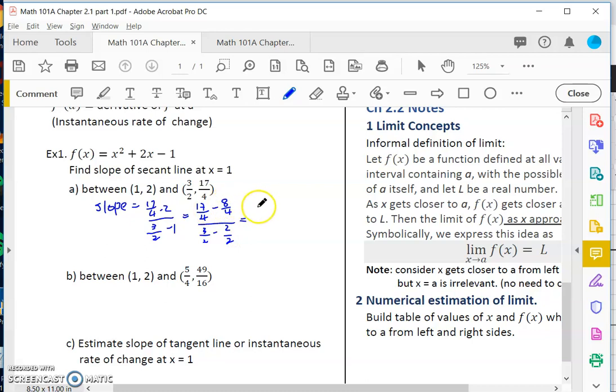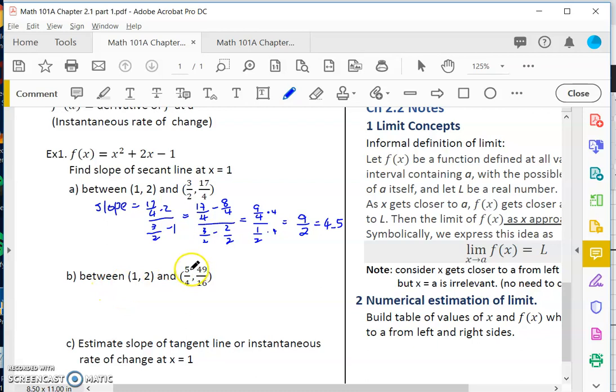So that would equal 17 minus 8, which is 9 over 4, over 1 over 2. Multiply by 4, top and bottom, will give us 9 over 2. So 4.5, right? But this is only a secant line slope. It's not exactly the tangent line slope.